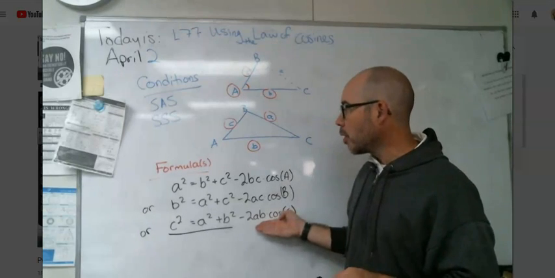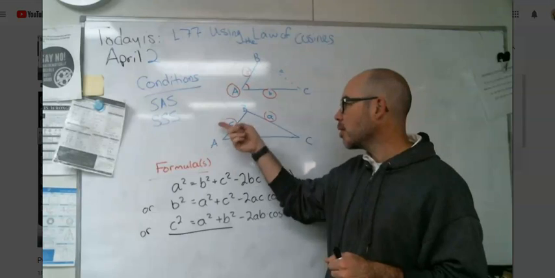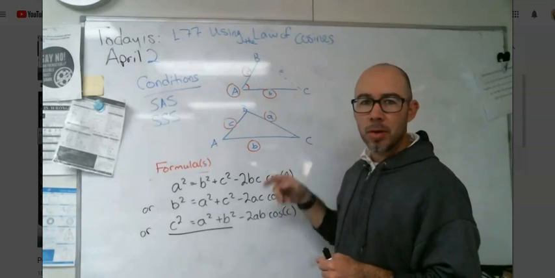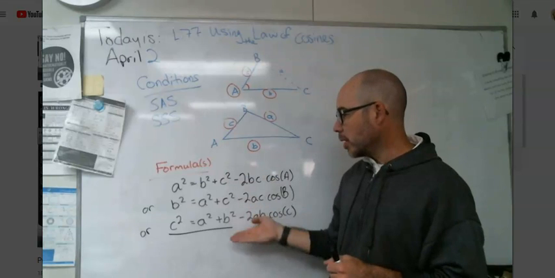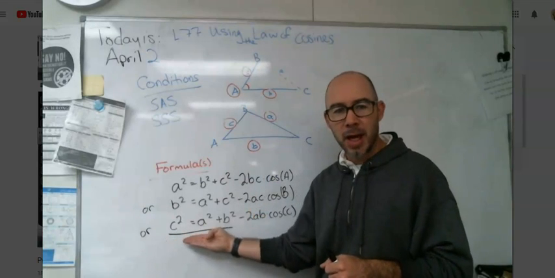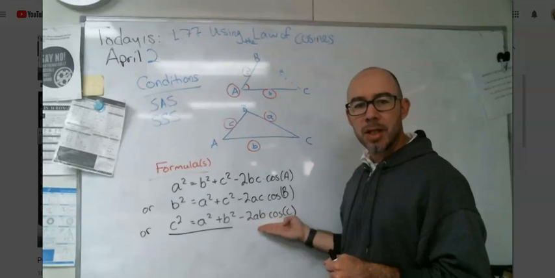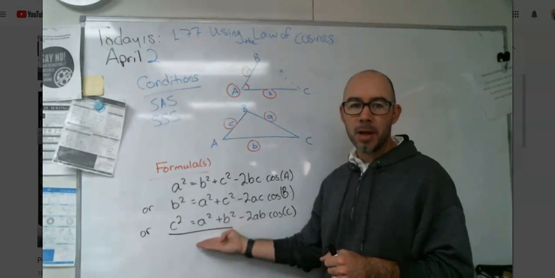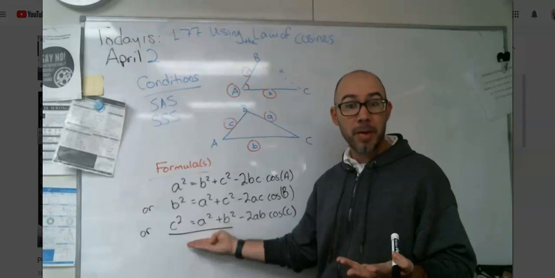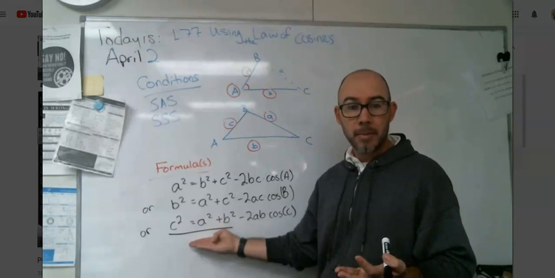Down here are the formulas that get used depending on if you have angle A, B, or C. You'll use one of these. But I want you to look at this last one here. You can see the whole thing is the law of cosines, and the front part of it is the Pythagorean theorem.